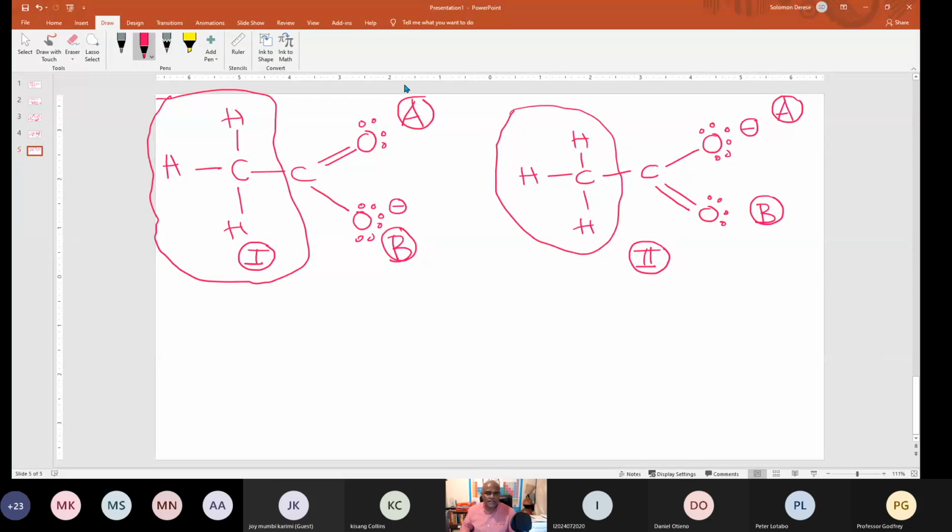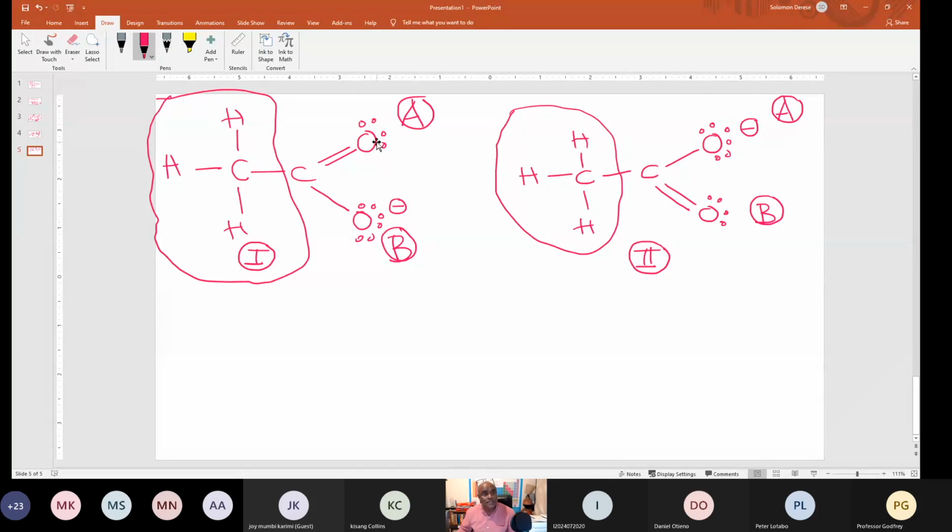The issue we have is, in one case, this carbon-oxygen bond is a double bond. In the other form, this carbon-oxygen bond is a single bond. In this form, this carbon-oxygen bond is a single bond, and in this other one this carbon-oxygen bond is a double bond.